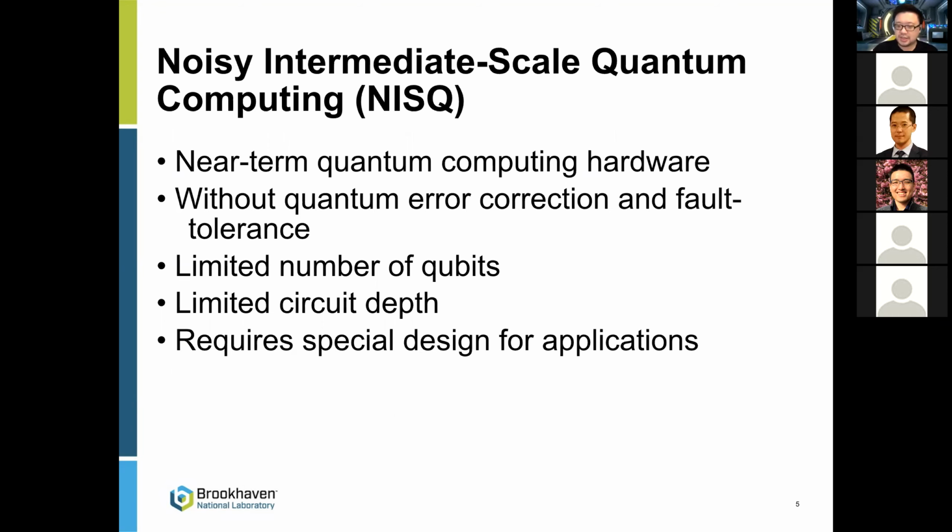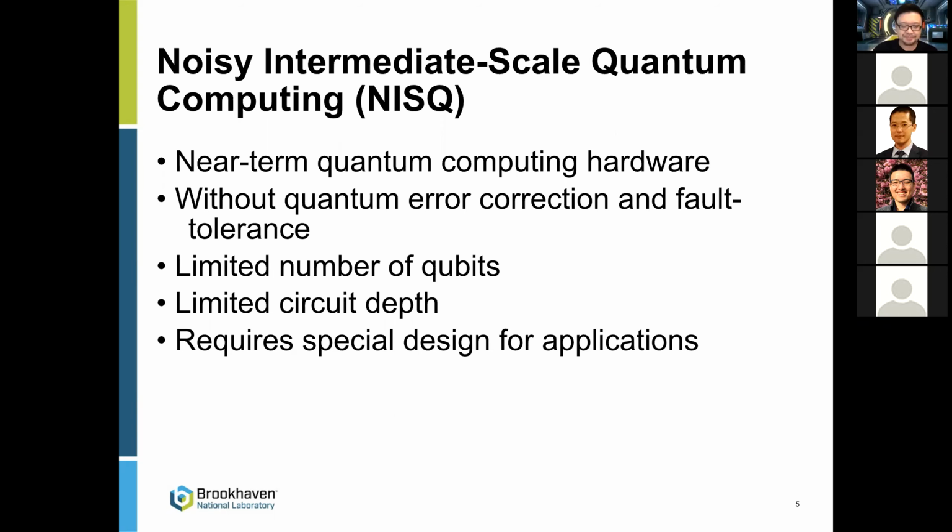Near term, quantum machines come with certain limits, as I will explain. One of the big challenges is that the current quantum computers, the so-called noisy intermediate scale quantum computers, usually are without quantum error correction and cannot perform fault-tolerant quantum computing.